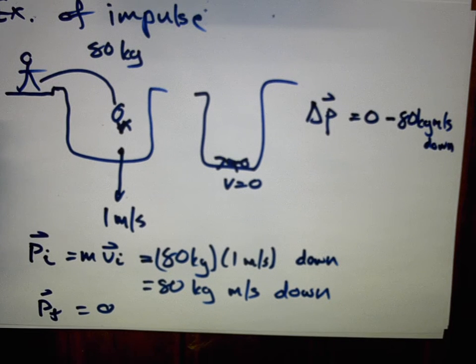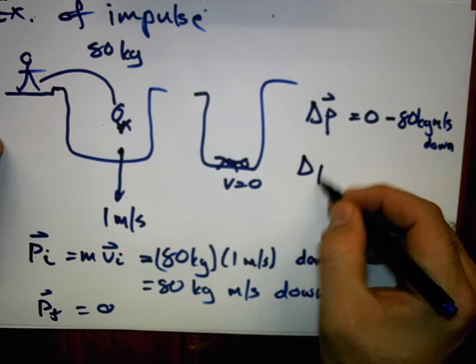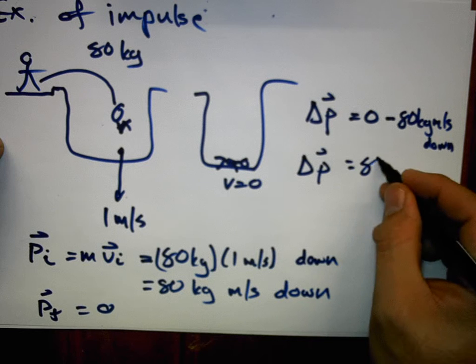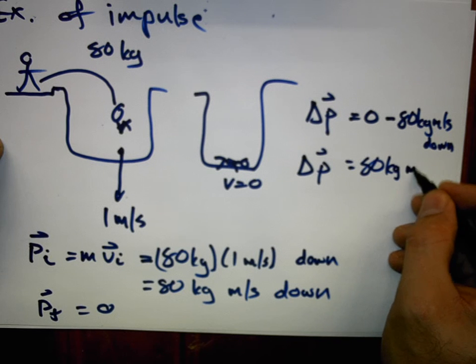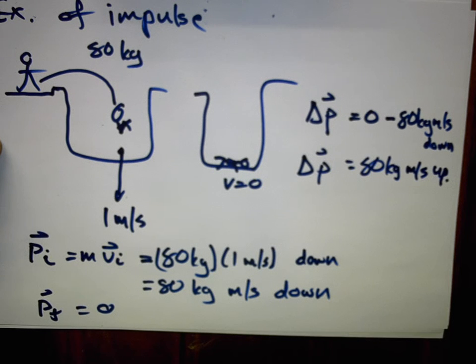So it's minus 80 kilogram meters per second downwards. The minus changes our direction. So your total change in momentum is actually 80 kilogram meters per second upwards. That might seem a bit strange, but if all your momentum is downwards, the only way you can decrease it is to add momentum in the opposite direction. So that's why your change in momentum is going to be upwards.